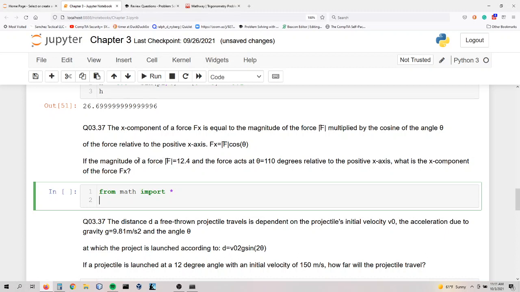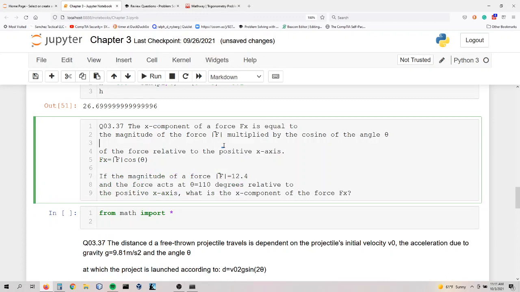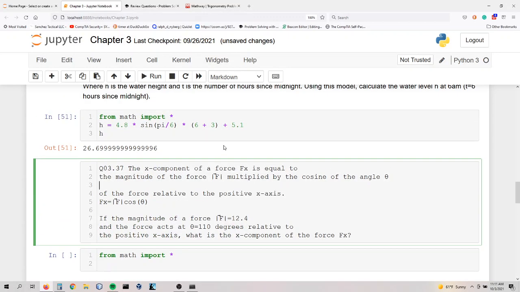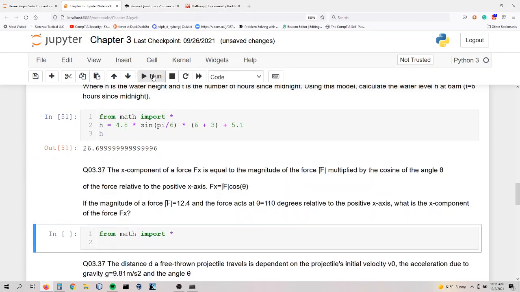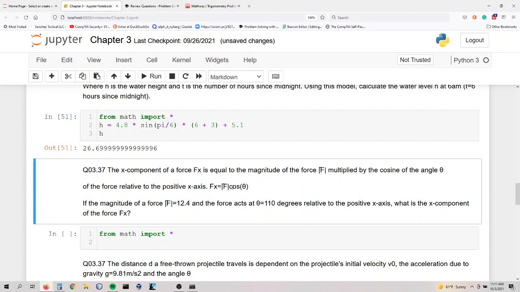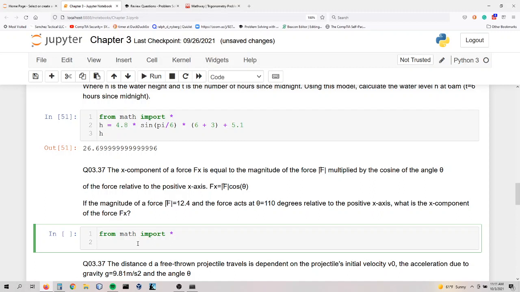But anyway, we do have the magnitude of the force, which is 12.4. Let me go ahead and hit run on this cell. So that goes here, and then we have times the cosine of 110 degrees. So we could simply call this F_x, the force of x, equal to the magnitude, 12.4, times the cosine.